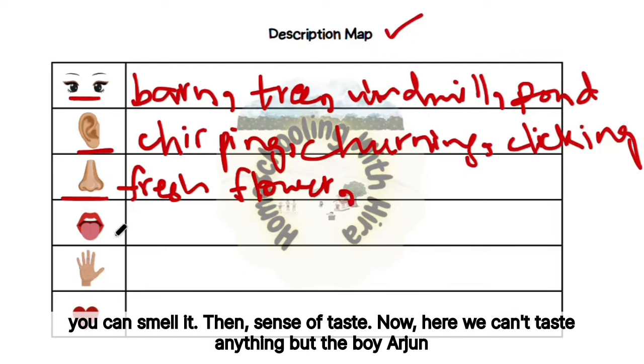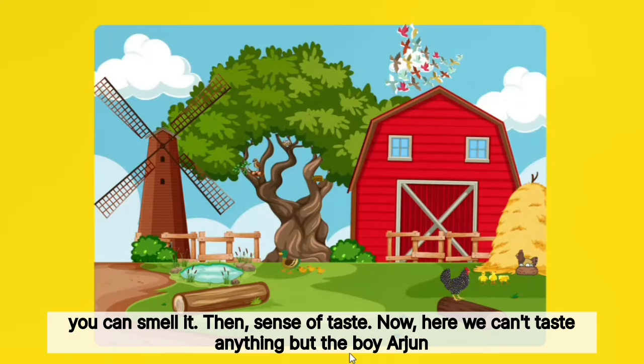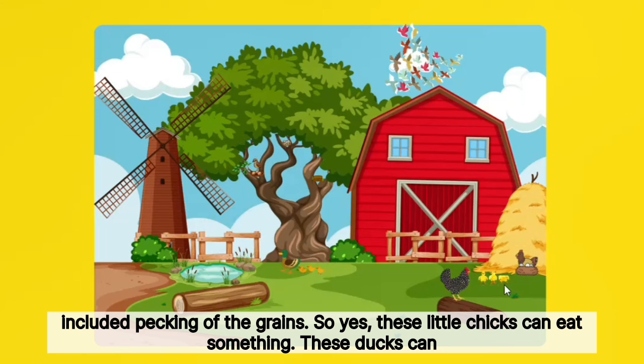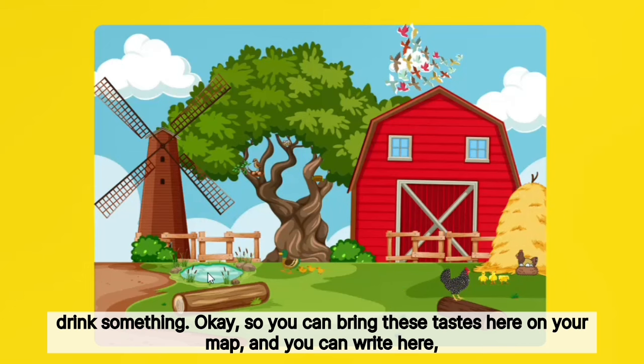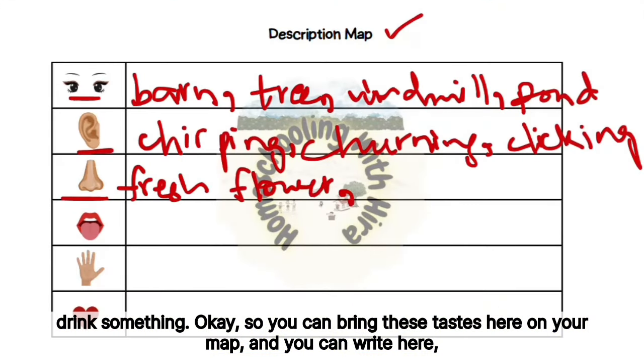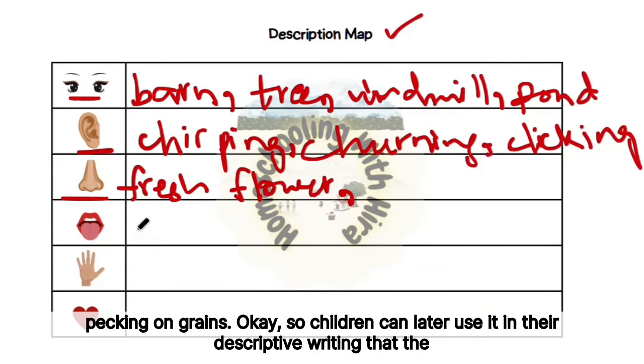Then sense of taste. Now here we can't taste anything, but the boy Arjun included pecking of the grains. So yes, these little chicks can eat something. These ducks can drink something. Okay, so you can bring these tastes here in your map, and you can write here pecking on grains.